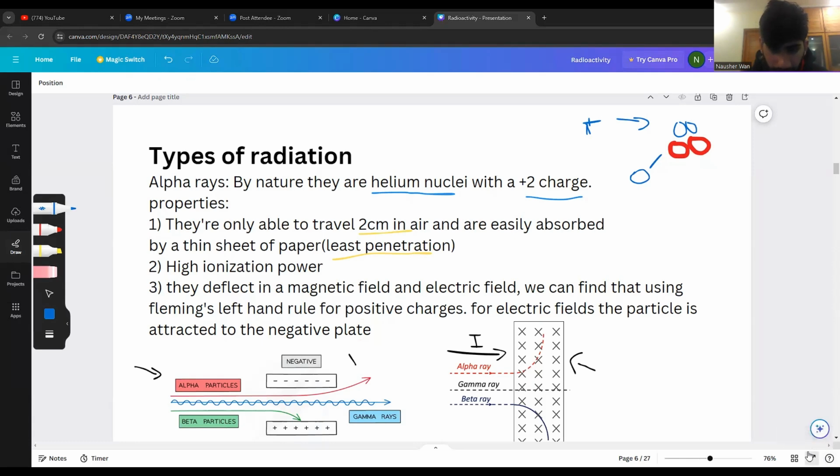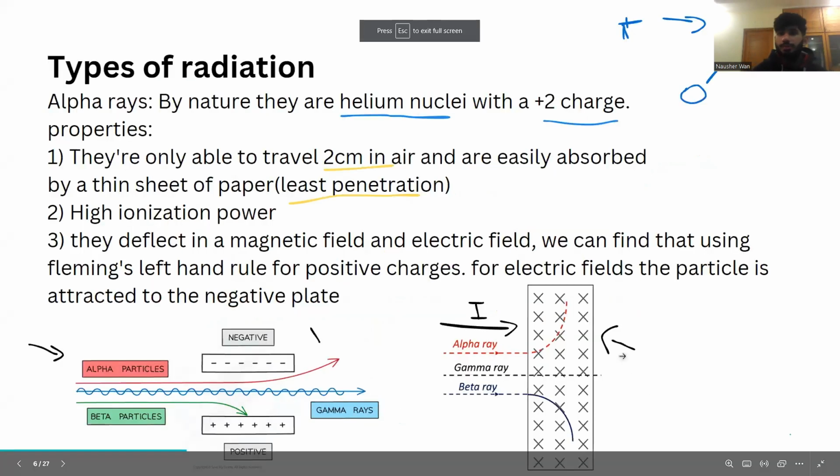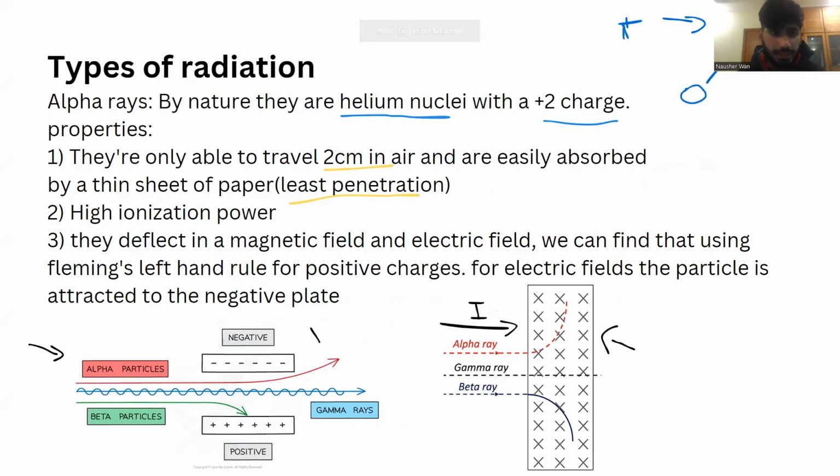Okay. Now you have a few properties that you need to be aware of for your exams. Firstly, alpha rays do not travel well in air. They cannot travel very far. This is to say that they can only travel 2 centimeters inside of air, and they're very easily absorbed by a thin sheet of paper.